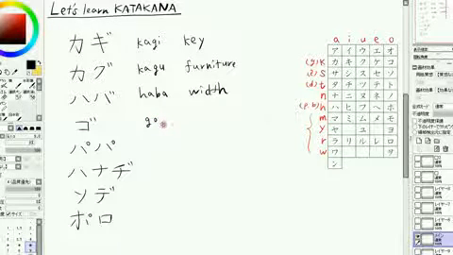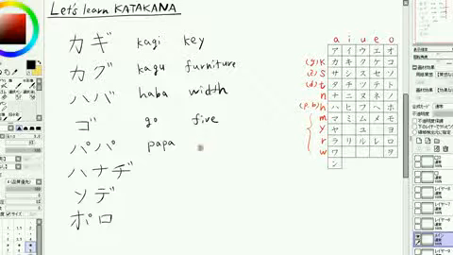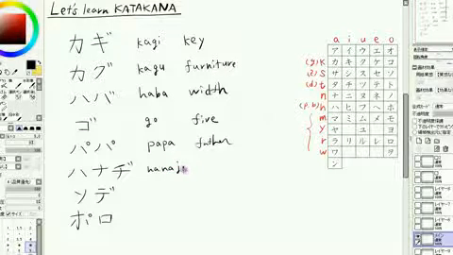Okay, this one is simple. Go, which means 5. This one is easy. Half voiced marker, that's the P sound. Papa. Yeah, it means papa, father. Okay, this one is interesting. Ha, na, ji. Hanaji.